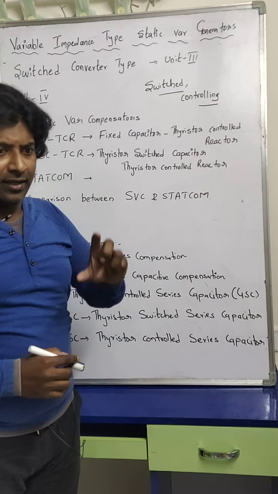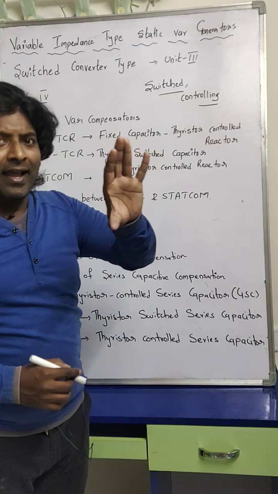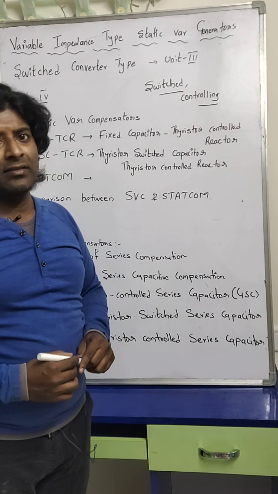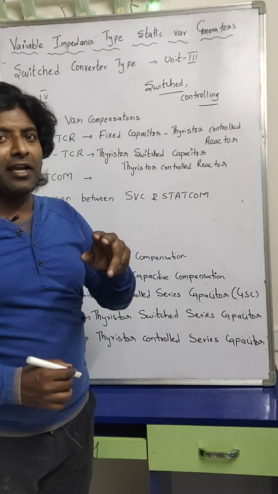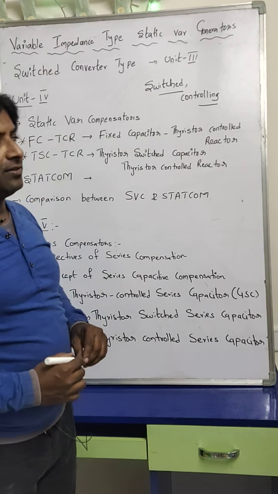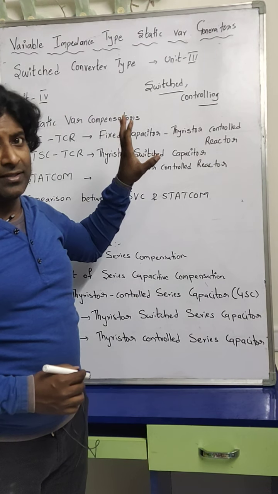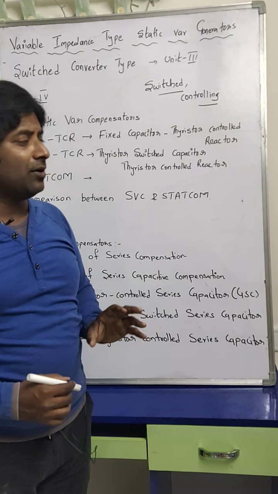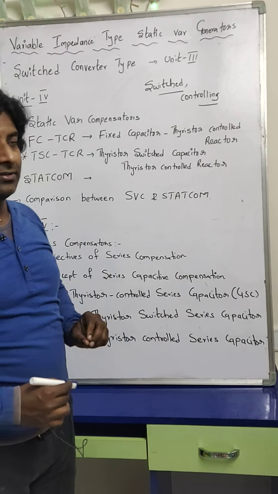Switched means a fixed capacitance or fixed reactance value is added. Controlling means if you consider a reactor, the reactor value can be varied. Observe the difference. Switched capacitance or switched reactor means a fixed value of capacitance or reactor value or reactance value is added to the system with the help of thyristors.